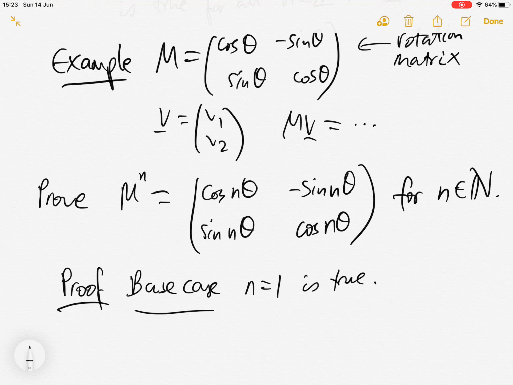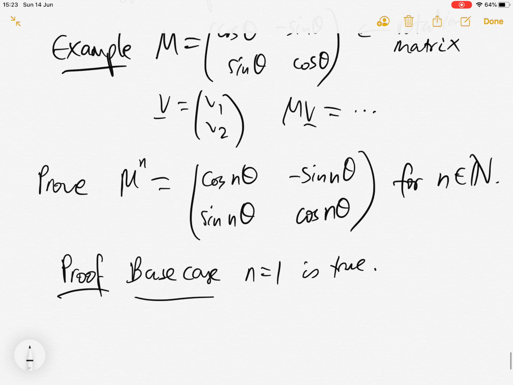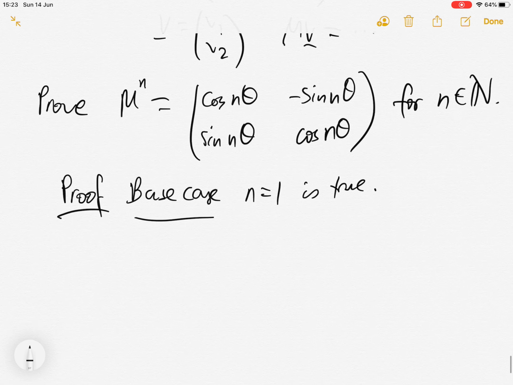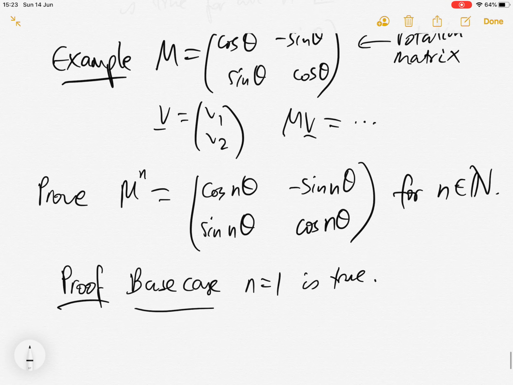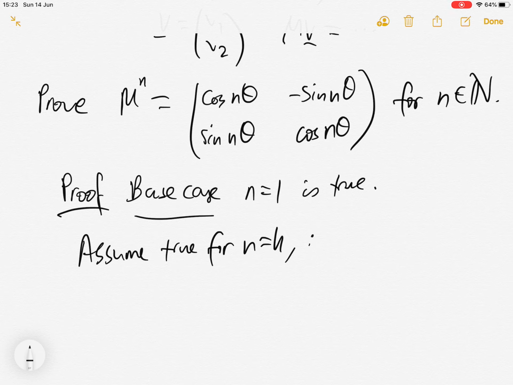Sometimes you'll have something that's slightly less obvious. For example, if your formula was even more complicated than this, with several terms in each matrix entry, then you would have to write a bit down to check it. But here it's just clear. And then we'll assume that it's true for n equals k.